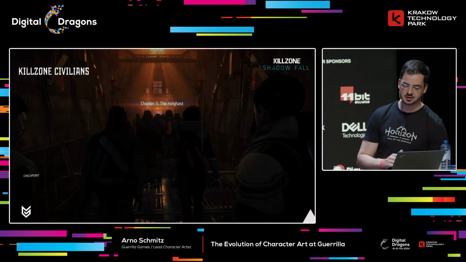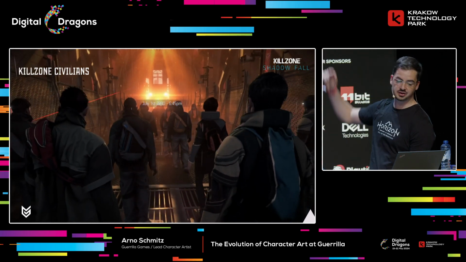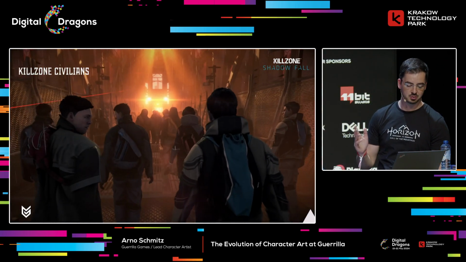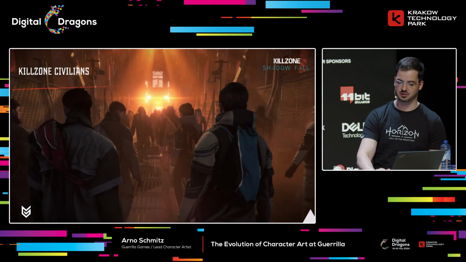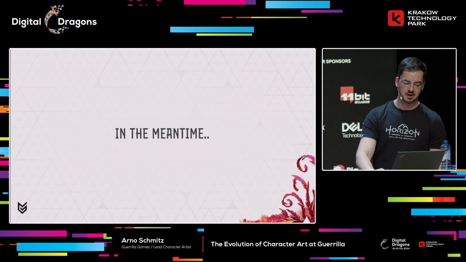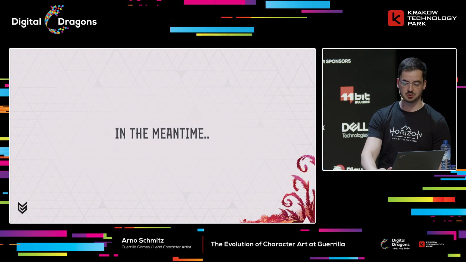And this allowed us to create, with a minimal amount of content, just enough variation to have a believable crowd. And that's pretty much all the modularity there was in the Killzone games. But in the meantime, we were also already working hard on Horizon Zero Dawn, just a small team.